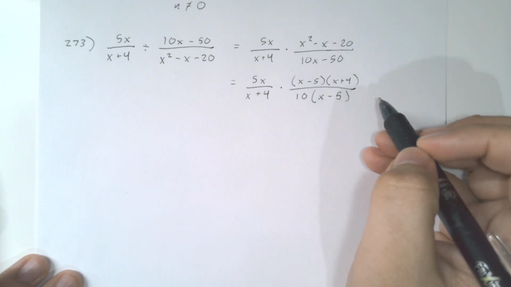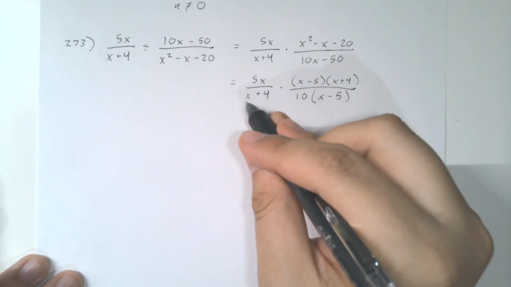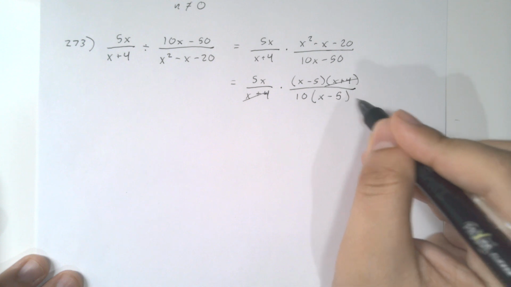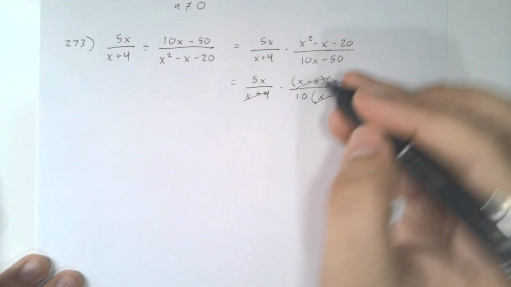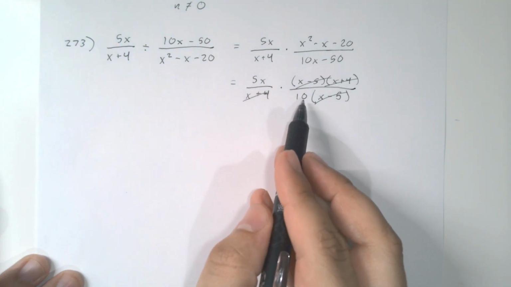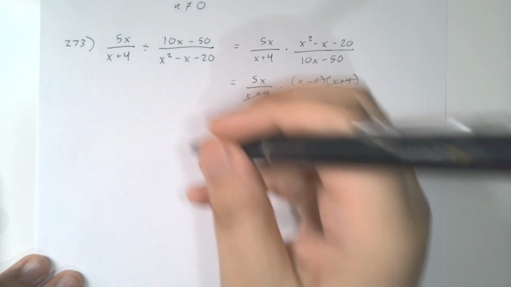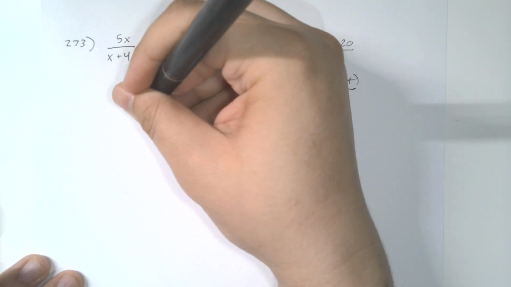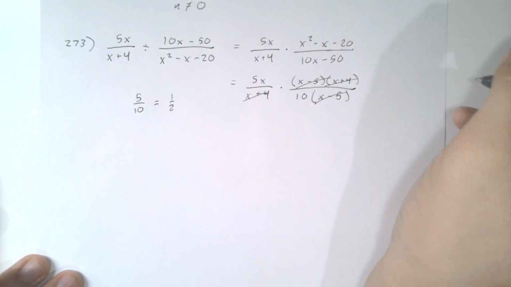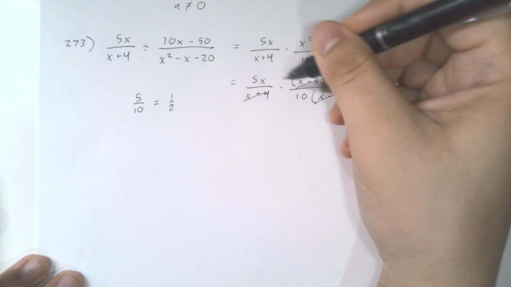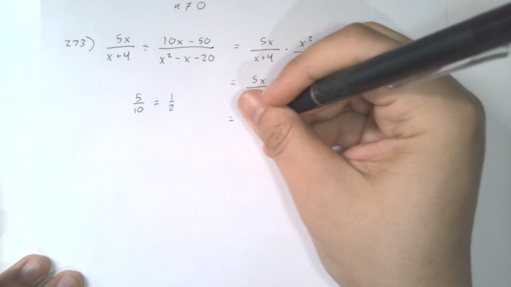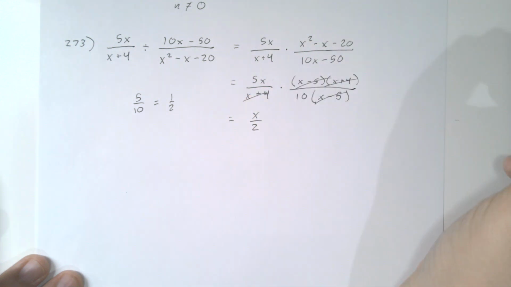So now that everything is factored, let's cancel common terms. We have x plus 4s, x minus 5s, and then we have a 5 over 10. Well, 5 over 10 is the same thing as 1/2. So when we multiply 1/2 times x, this is just equal to x over 2.